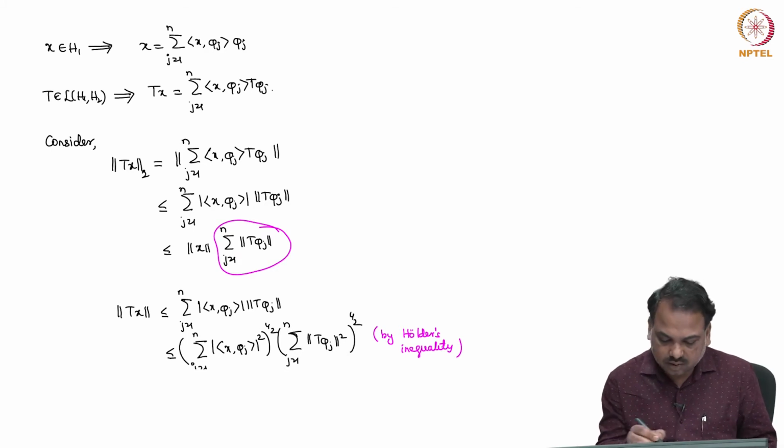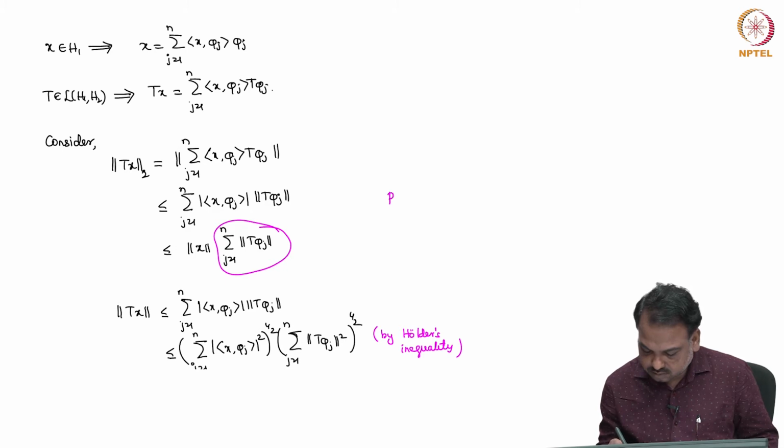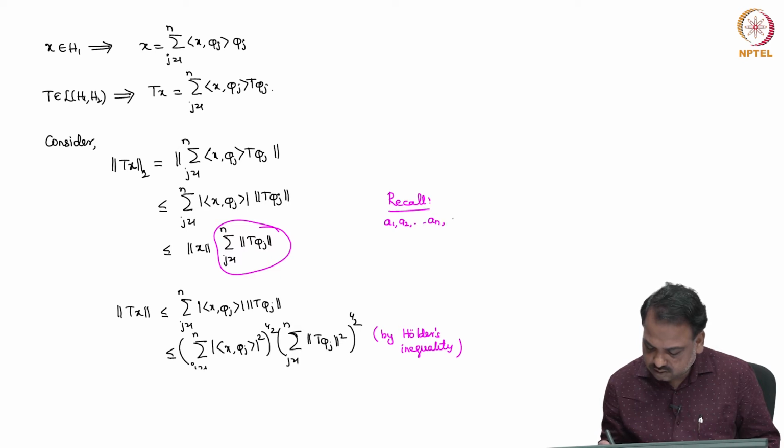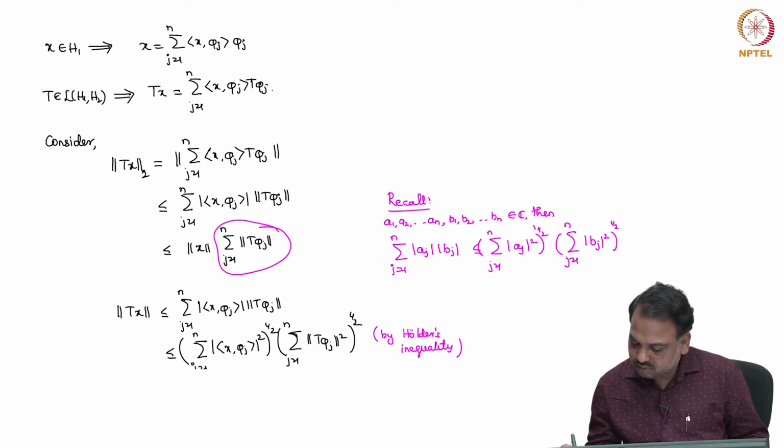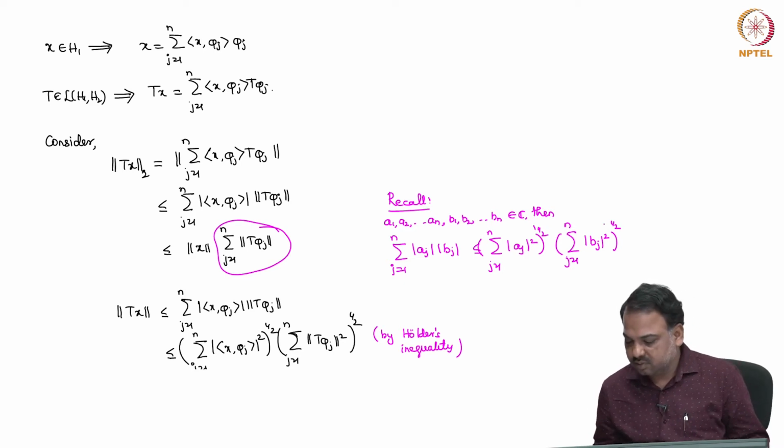Let me quickly recall Holder's inequality. If we take a1, a2, up to an, and b1, b2, up to bn, which are complex numbers, then the summation j equal to 1 to n of mod aj mod bj is less than or equal to the summation of mod aj squared, whole root, multiplied by the summation of mod bj squared, whole root. This is Holder's inequality for p equal to 2.